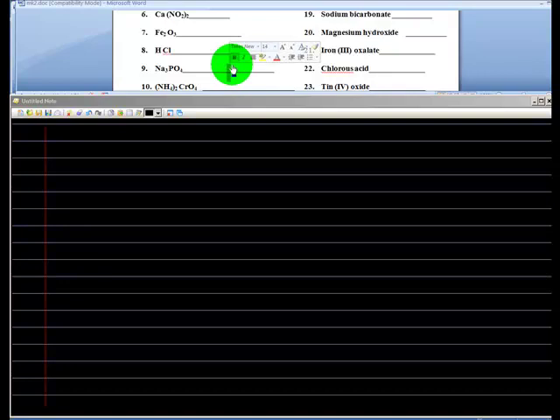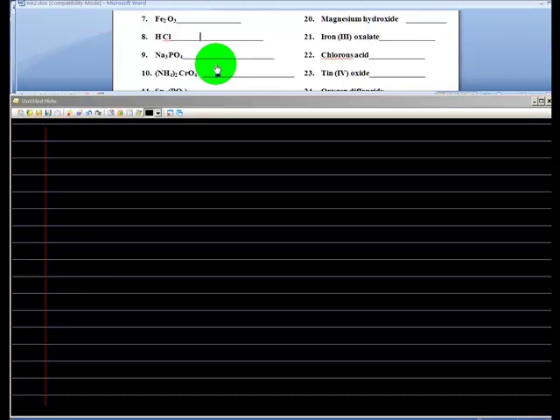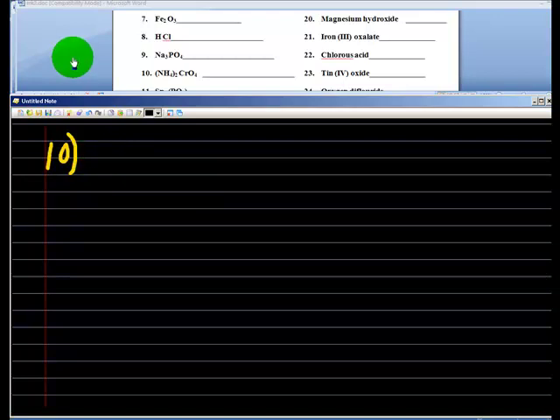All right. Problem number 10 is an example of a polyatomic. To solve for a polyatomic, you need to take a look at the name of the grouping. So right here, you see there's an NH4. If you look at your polyatomic chart, that whole unit is called ammonium.